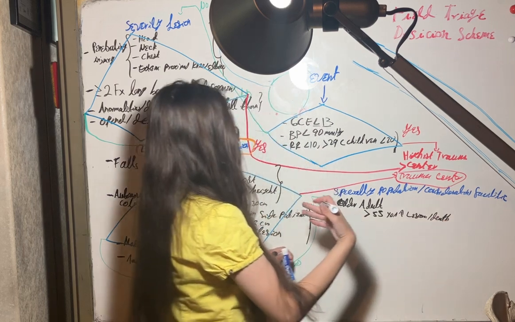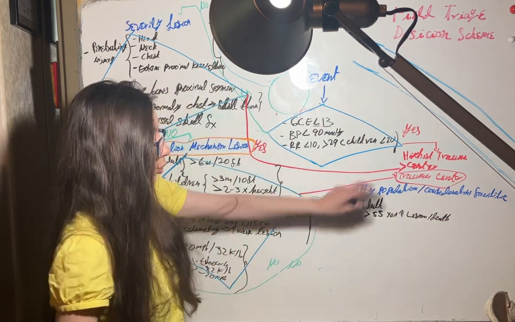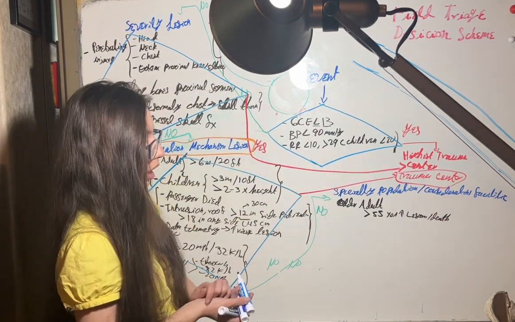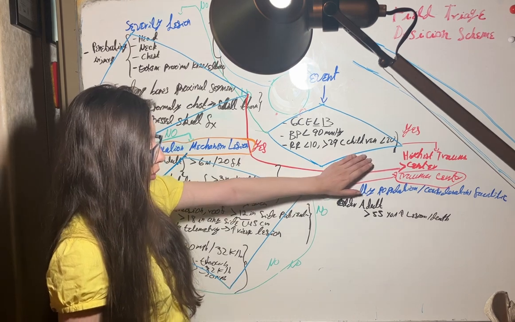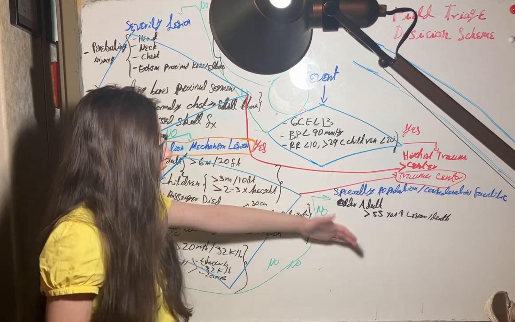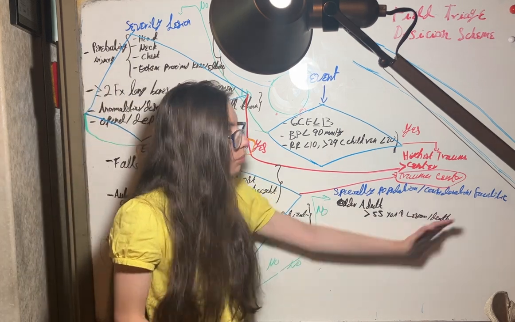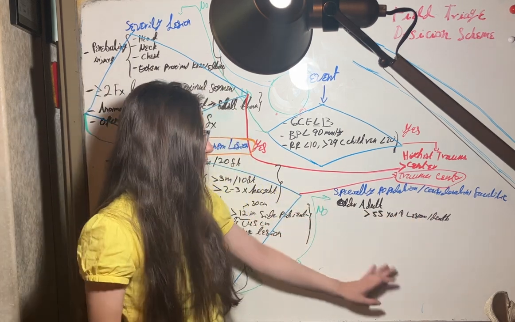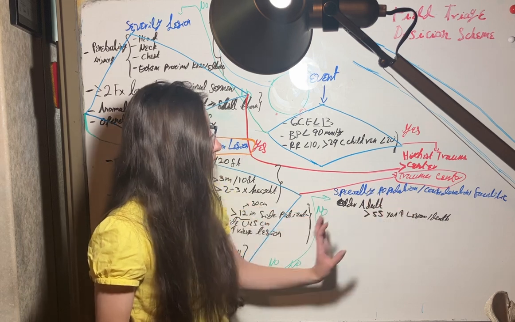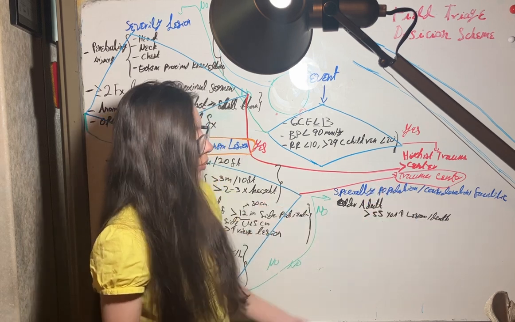So maybe the patient should not go to the highest level of trauma center, but if he's an older adult with increased risk of death, maybe he could be transferred to a trauma center. So this is like taking special consideration, special population.